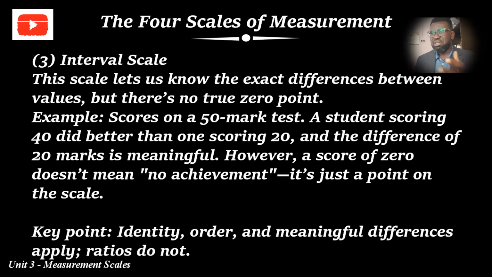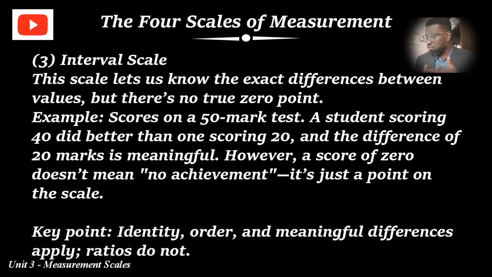Now let's go to the third one. The third one is the interval skill. This skill lets us know the exact difference between values, but there is no true 0 point. An example of this is scores on a 50-mark test. A student scoring 40 obviously did better than one scoring 20, and the difference of 20 marks is meaningful in this instance.